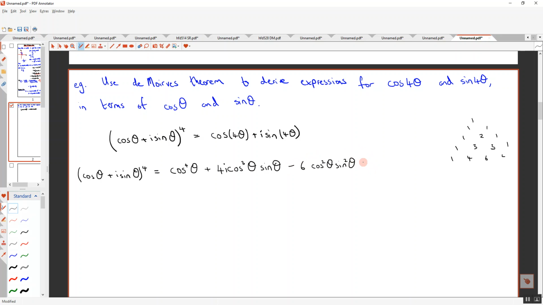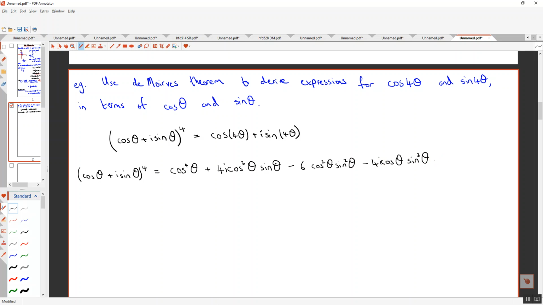Okay, then we've got plus, what are we back to, 4 again, 4 cos theta, it's going to be sine cubed, and i cubed is negative i, so I need to change that to negative, and I'll put my i in.